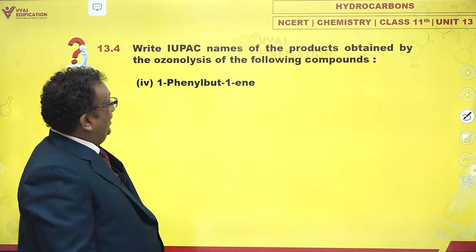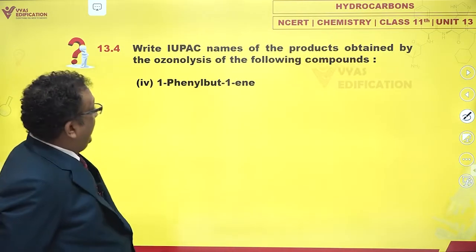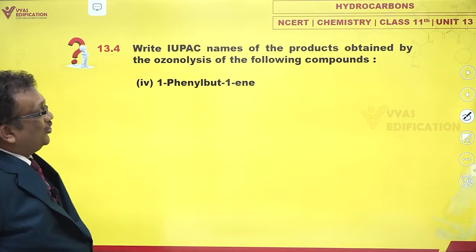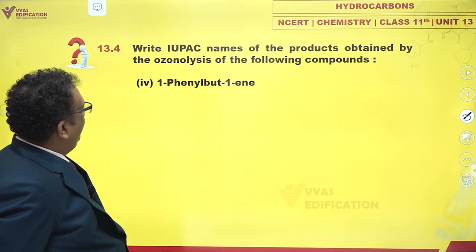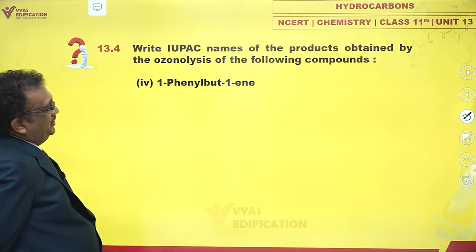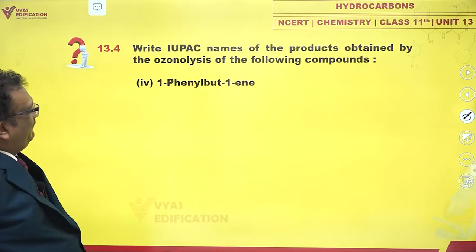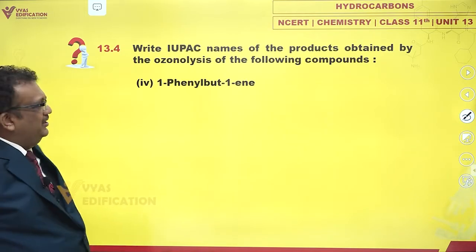Write the IUPAC names of the products obtained by the ozonolysis of the following compounds. What do we have? We have 1-phenyl-but-1-ene.